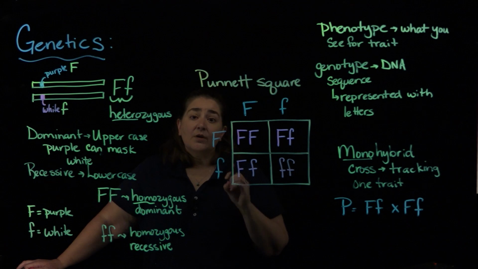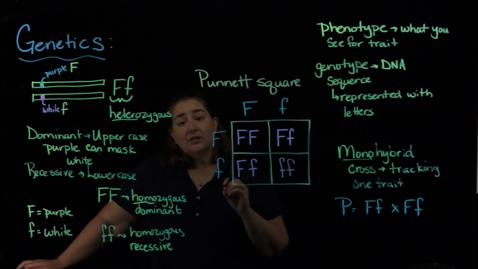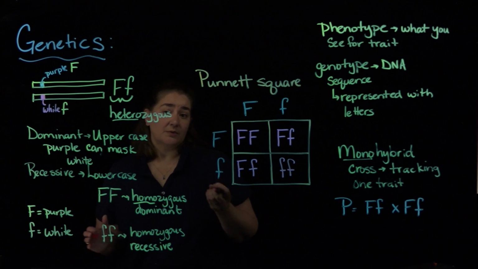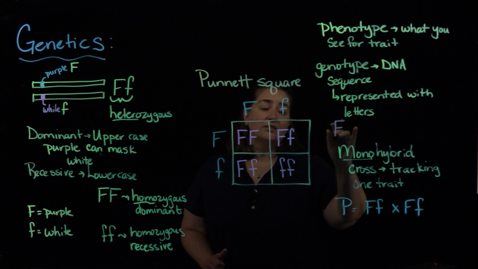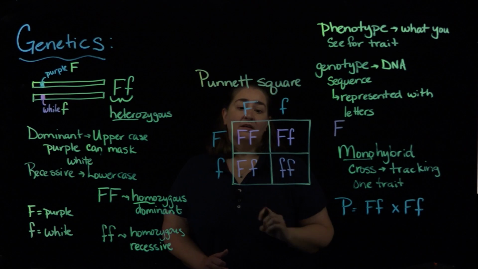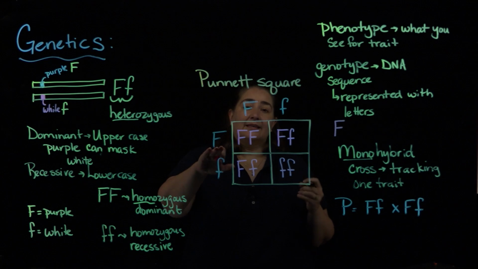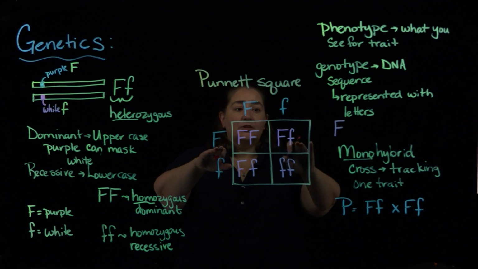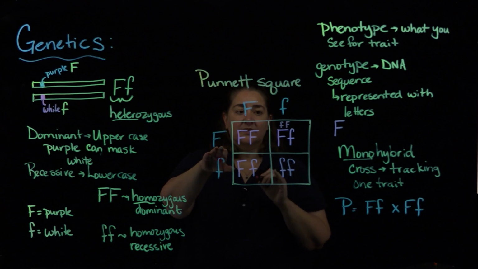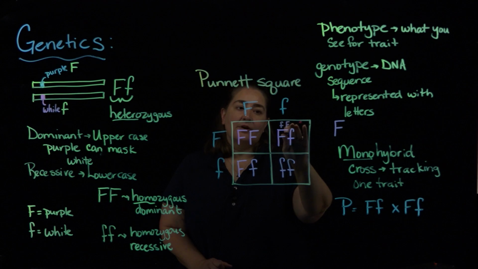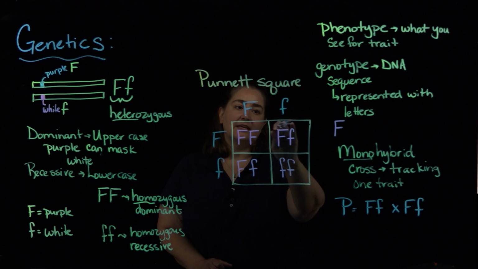Now with genetics, something that you do need to do and follow for it to be proper genetic nomenclature, okay? The dominant allele is always put first, okay? So if you did this and you looked at this particular box here and you put little f and then big F, genetically that's not correct, okay, as far as naming.